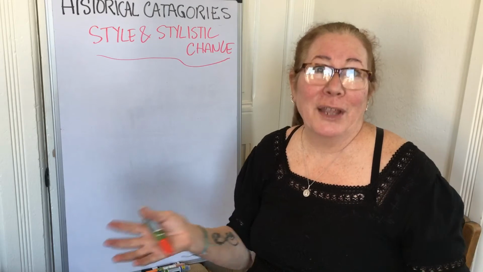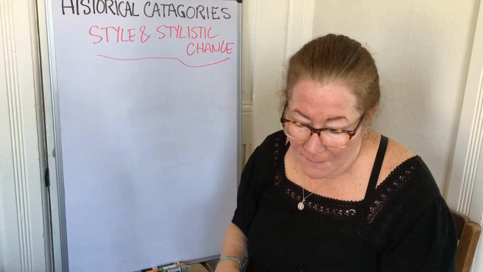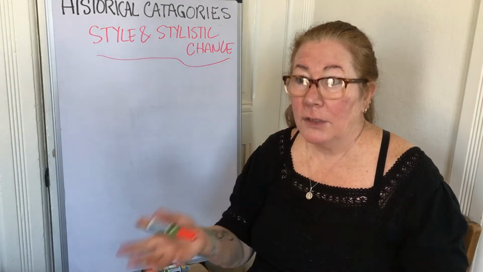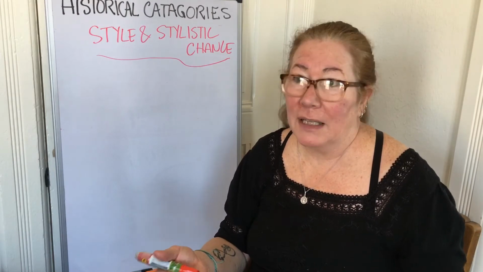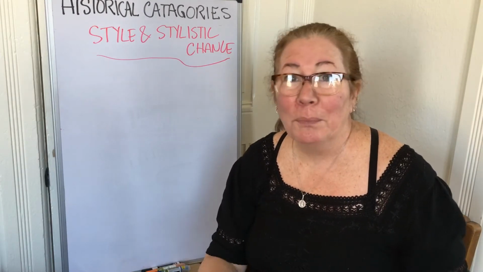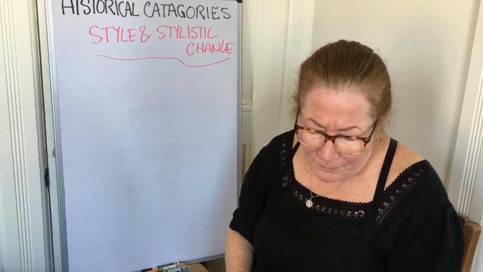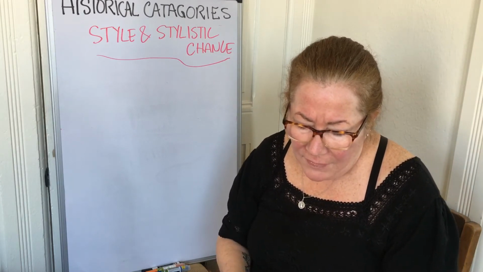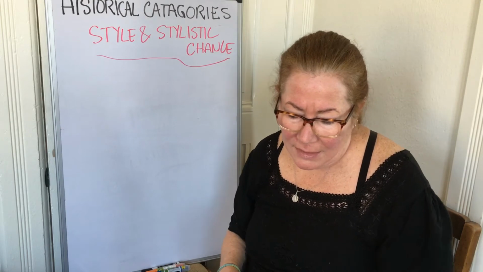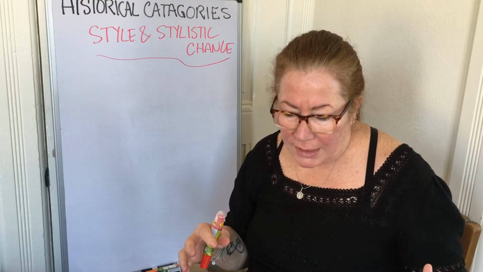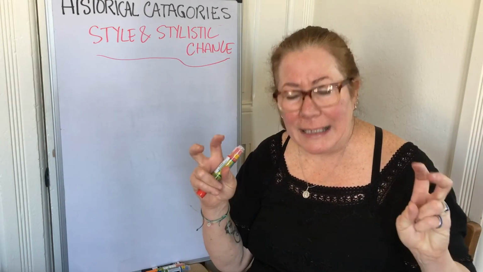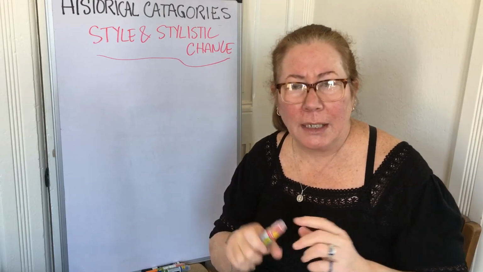Things can happen, and that can also affect the artwork being produced, because it affects the people who are producing that artwork. I want to emphasize that development doesn't mean a progression to some artistic ideal or perfection.